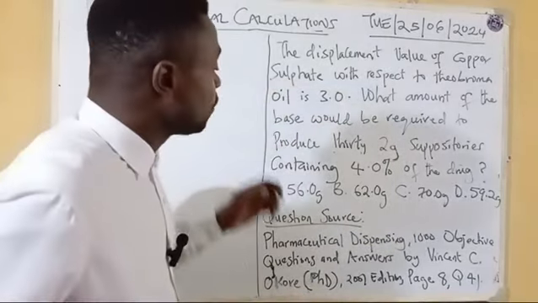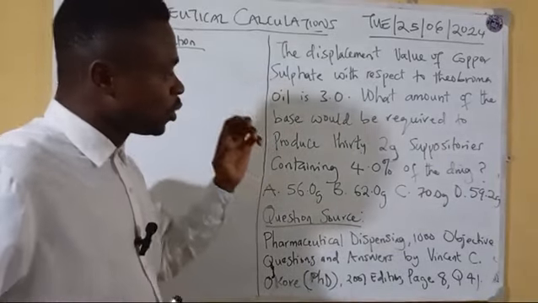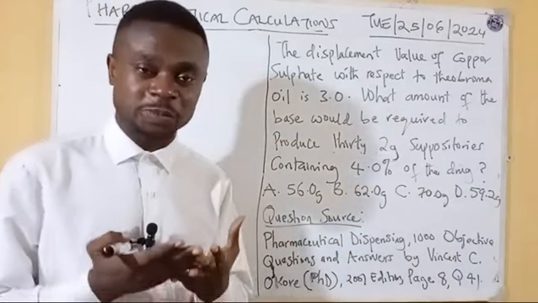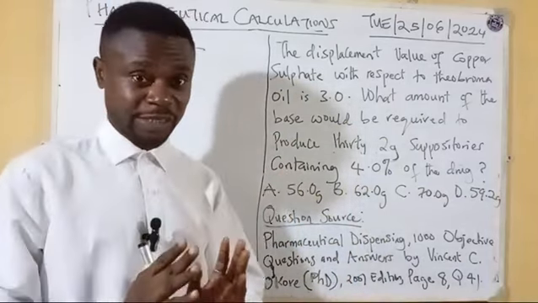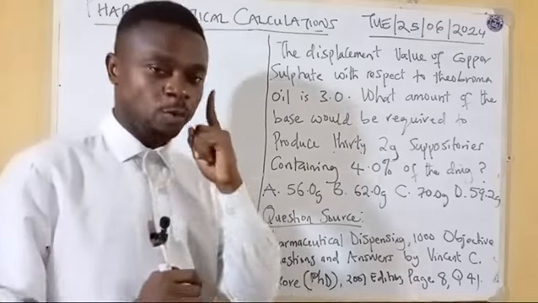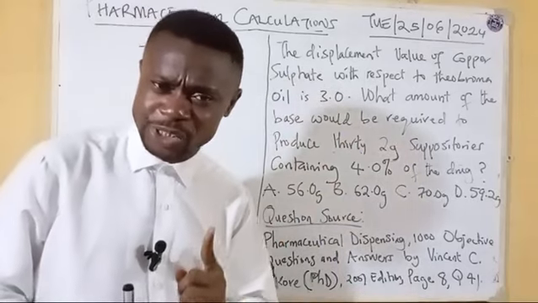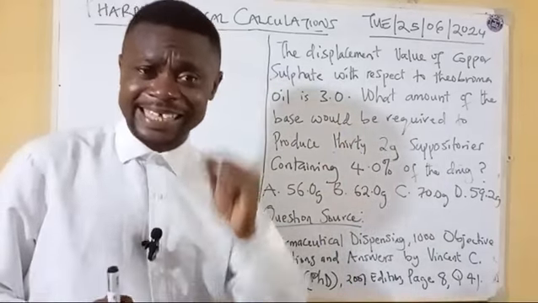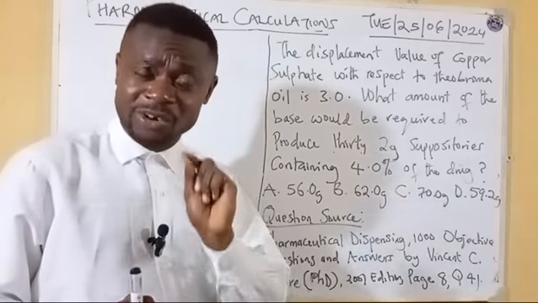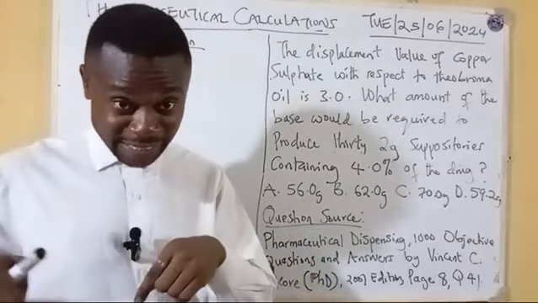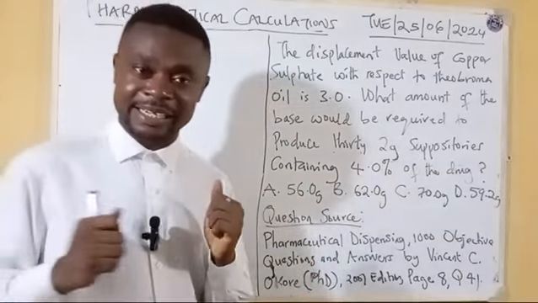For us to be able to solve this question, we need to determine the amount of ingredients required to produce 30 suppositories. Remember that one suppository weighs 2 grams, and a suppository is a dosage form containing the active ingredients, the base, and other ingredients.